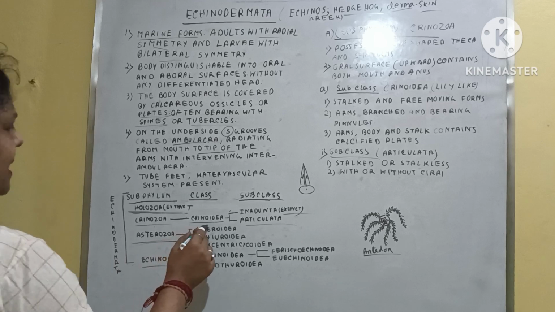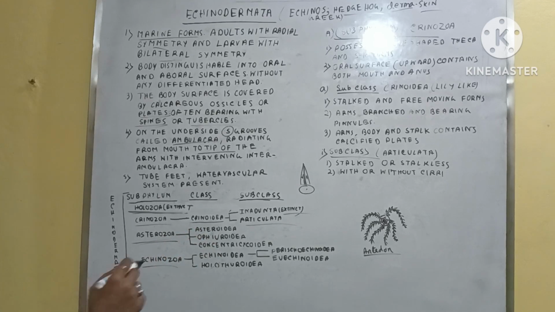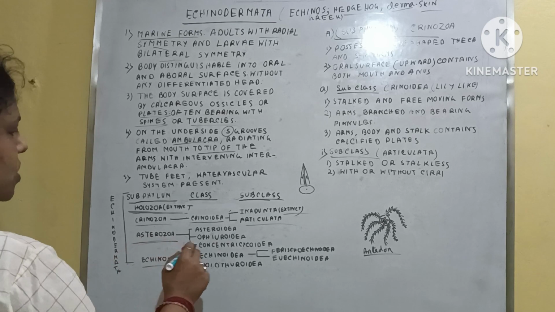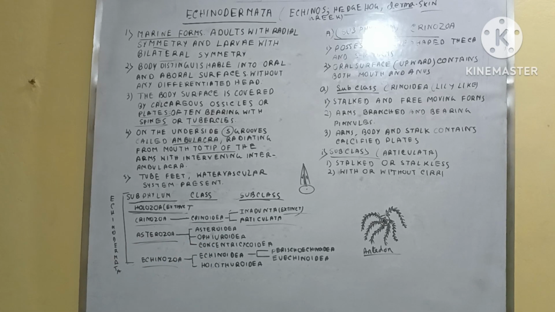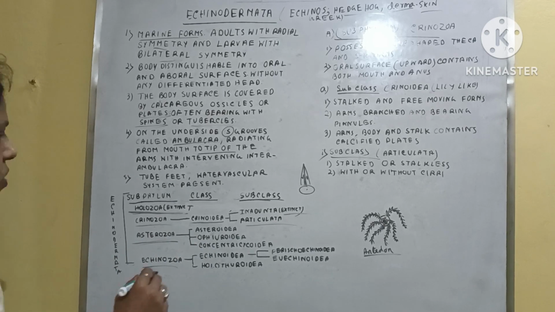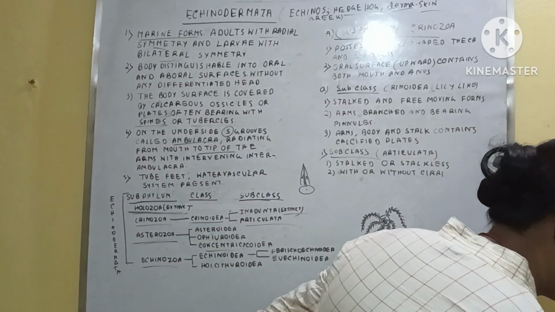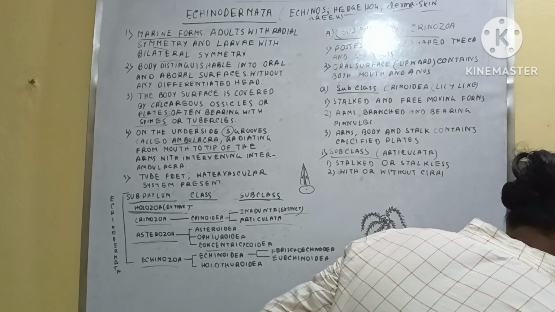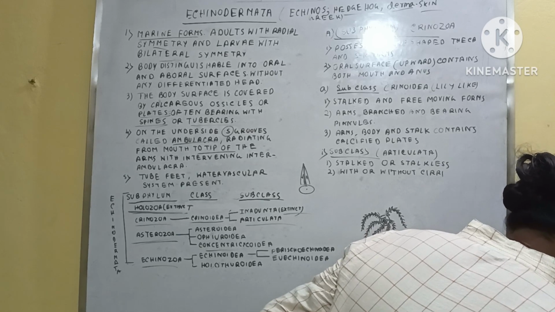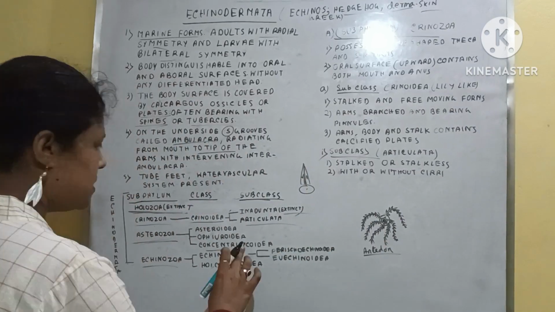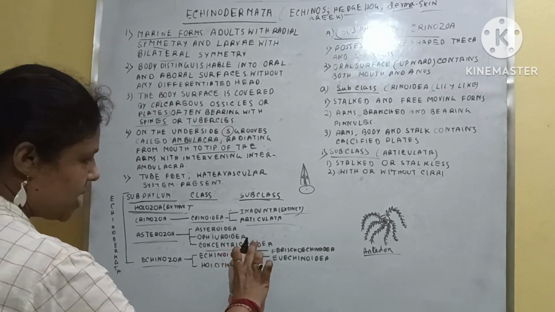Asterozoa, here the three classes are there. One is the Asteroidea, second one is the Ophiuroidea, and third one is the Concentricycloidea. Okay, Concentricycloidea. We have to check first of all the spelling of concentric. Yes, cycloidea, that's why I just checked my spelling.